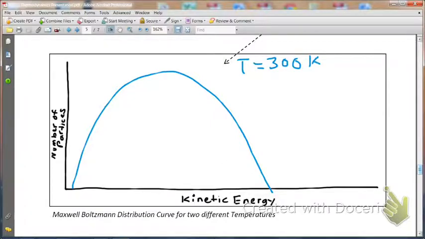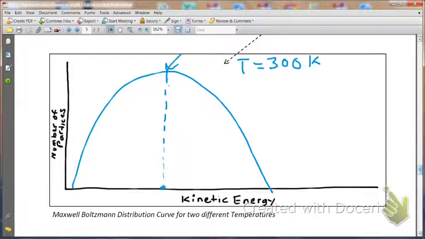All right? Now, the maximum peak here represents the highest number of concentrated particles. And so that peak also represents the average kinetic energy. So I'm going to put a little dotted line there.